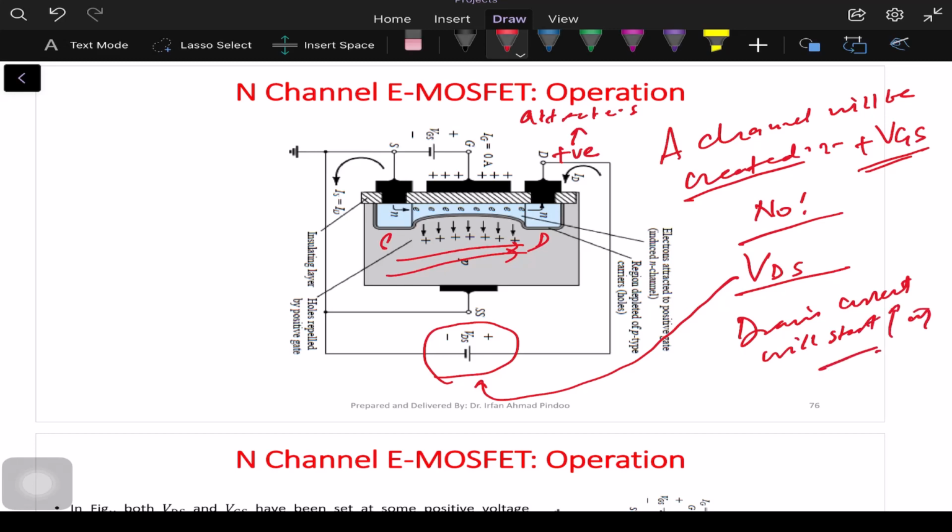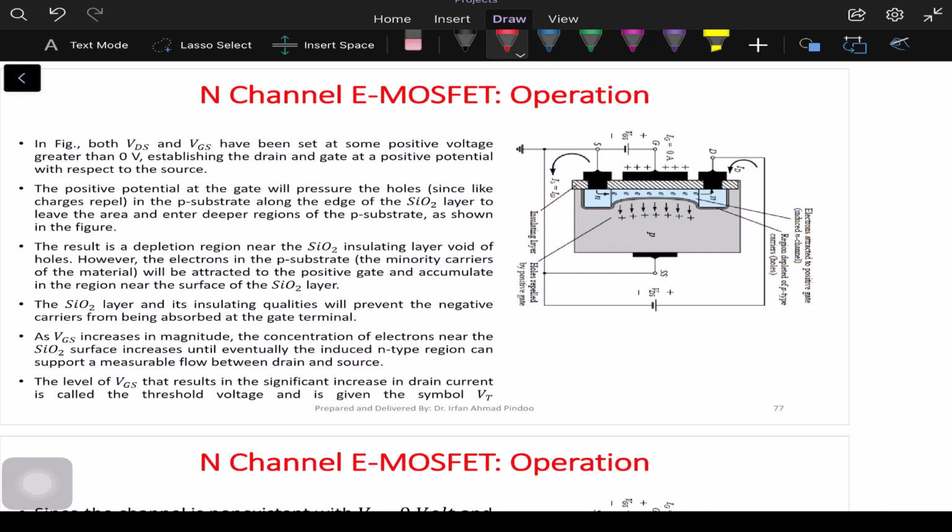And in this diagram, we are further showing that the fourth terminal, called the substrate or body, has been grounded. Then there is one more important point here. Since the substrate has been grounded, what if we apply a certain voltage here? Let that voltage be a negative voltage like this. If we provide some negative voltage here, what is going to happen?